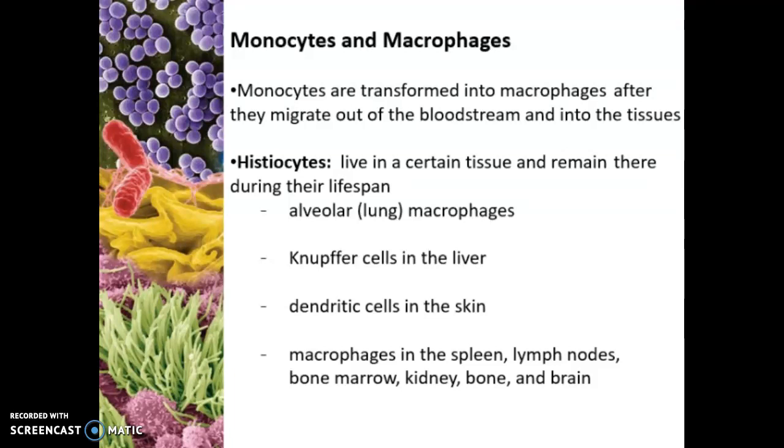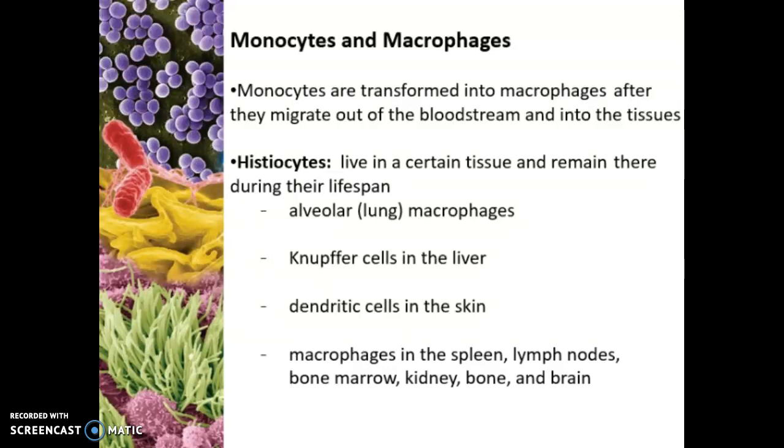Once a macrophage moves out into the tissue, it's still a phagocyte, but it alters some of its surface proteins, and then it is transformed into a macrophage. Both monocytes and macrophages are phagocytes. They just have different names based on their location. Monocytes are in the blood, macrophages are in tissues.